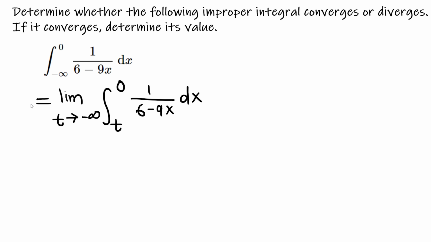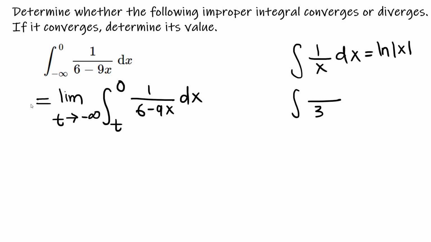Now this one is a fraction, and let me remind you of something. When we have 1 over x, the derivative of the bottom is the top, that means the antiderivative is natural log of x. If we have something like 1 over 3x, the derivative of 3x is 3, so we have to have a 3 on top so that we can apply this rule.